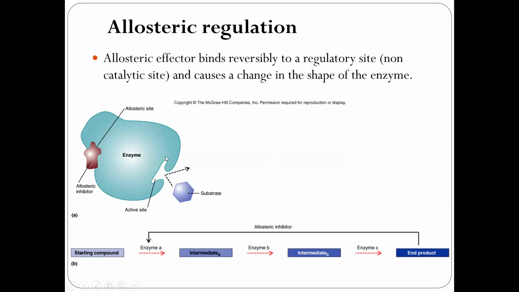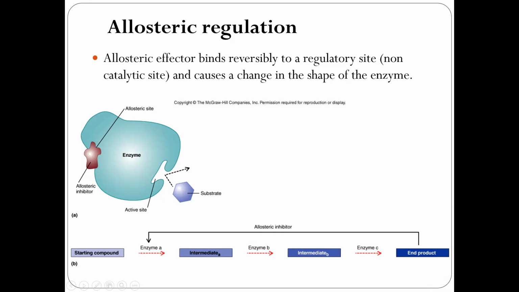Instead of grabbing the place where the reaction happens, they attach to the side of the enzyme and change the enzyme's morphology. Therefore, the substrate and the enzyme cannot combine to have the reaction. A good example is the lac operon, and we will mention it in examination 3.